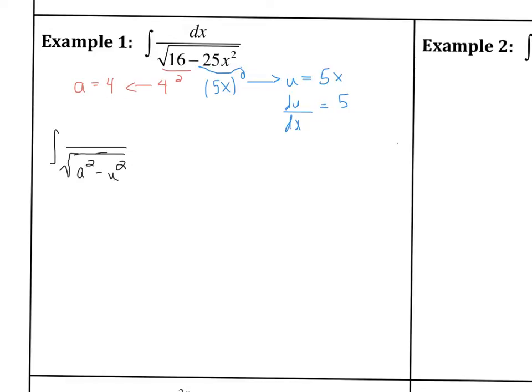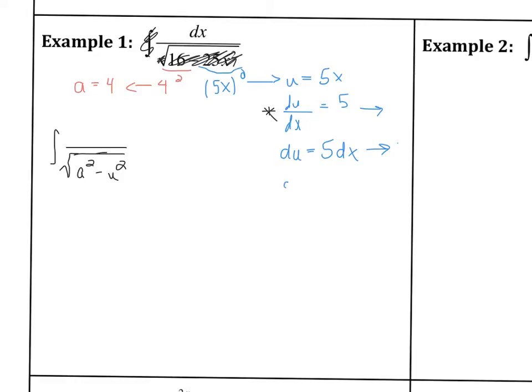By writing that, I took care of the radical, I took care of the 16 minus 25x squared. Now I need something that is exactly equivalent to dx, and that will come from here with algebra. So dx, if we cross multiply, we get that du equals 5dx.